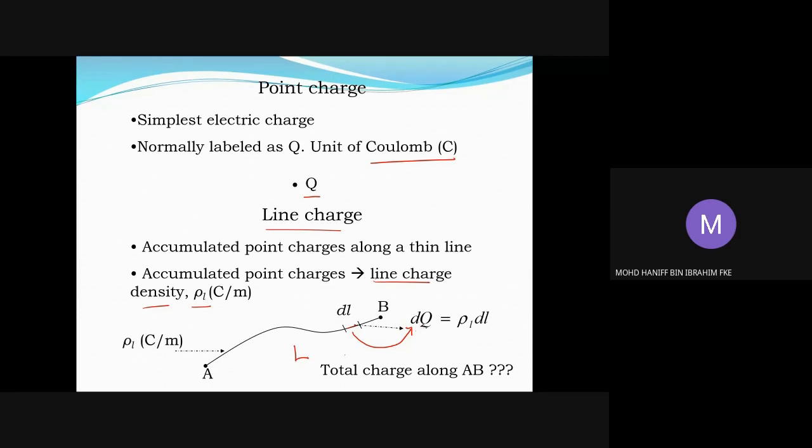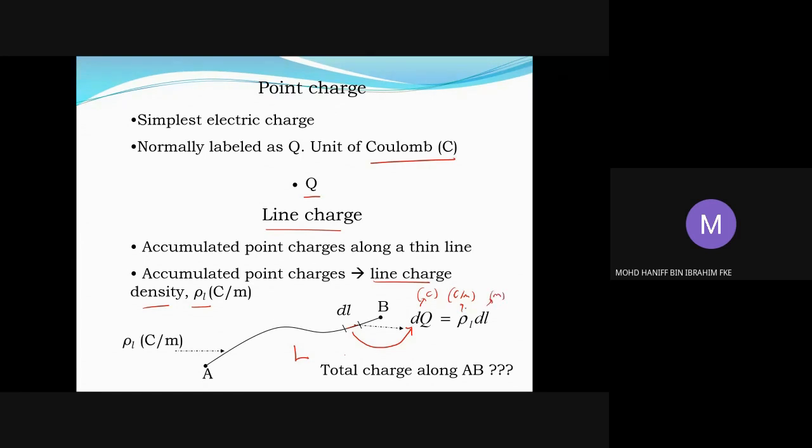dq is called a small amount of charge that is located or resides in this particular small element of dl. So we can calculate dq by simply multiplying dl, the length, with the line charge density, because we know that dq is in coulombs, rho L is in coulombs per meter, and dl is in meters.